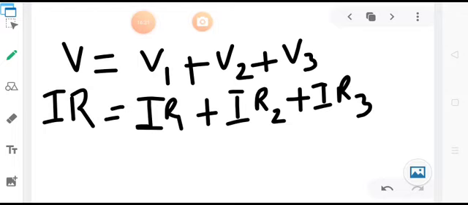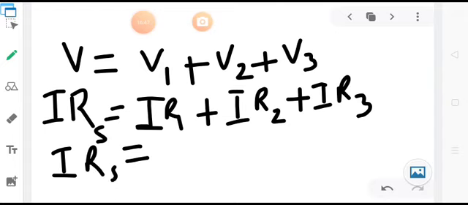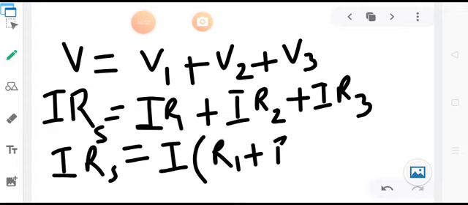So what about V? V should be I into R, where R is the equivalent resistance. Since the resistors are joined in series, let us put a subscript S. So I RS, where I is the total current and RS is the equivalent resistance. Now, I RS will be equal to I, and we can take out I as common, so R1 plus R2 plus R3.